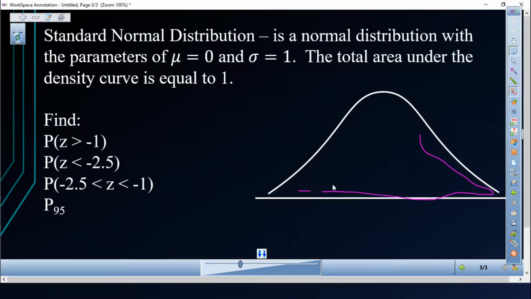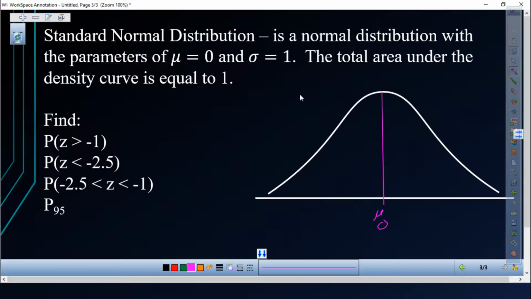Now that being said, what do we know? Well, here in the middle, this is mu, and it equals 0, okay? So 50% of the data is over here, and 50% of the data is over there.